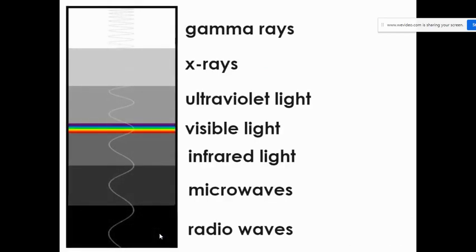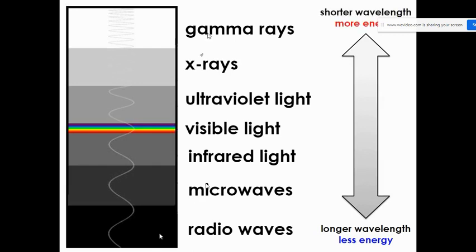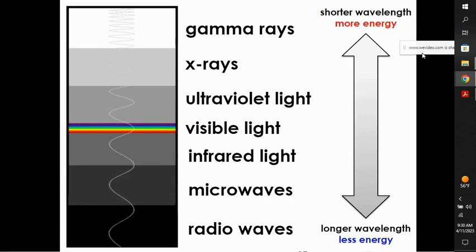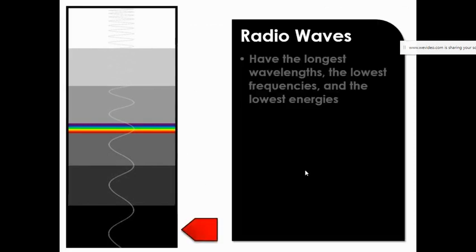Taking a look at each of these more closely, we see that if we arrange them from high energy to low energy here, they go in this order. And so the shorter wavelength have the most energy, and the longer wavelength have the least amount of energy.